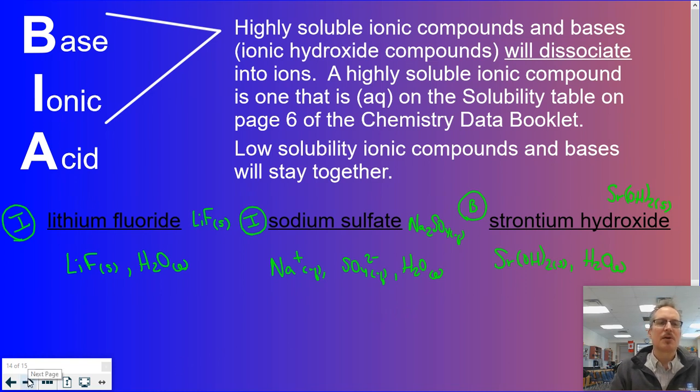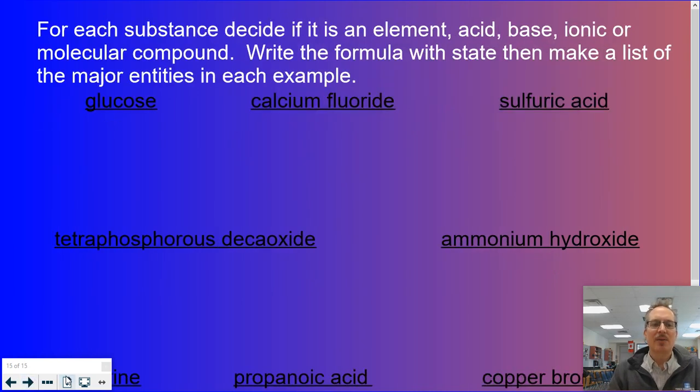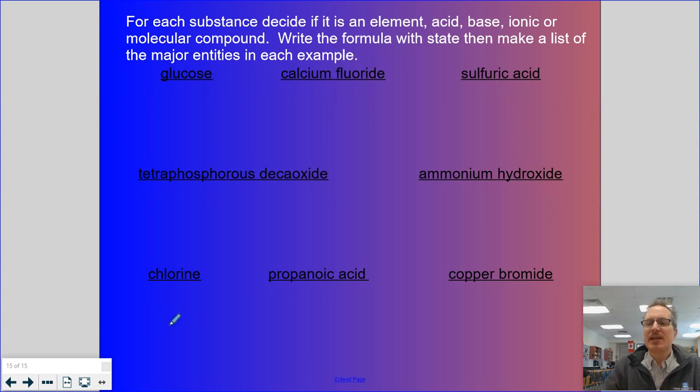Okay. So in the "dia" part, strong acids break into ions. Bases and ionic, if they're highly soluble, they break into ions. Everything else stays together. So what I would like us to do is, can you please pause the video, copy all 8 of these, and try them for yourself, then check your work.